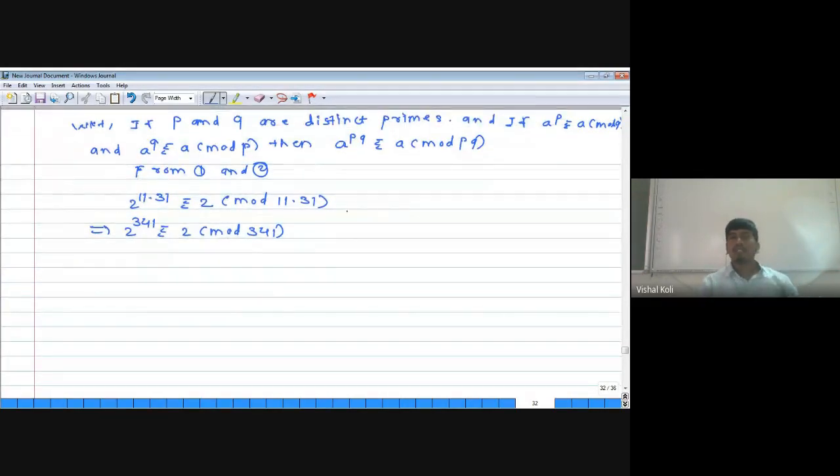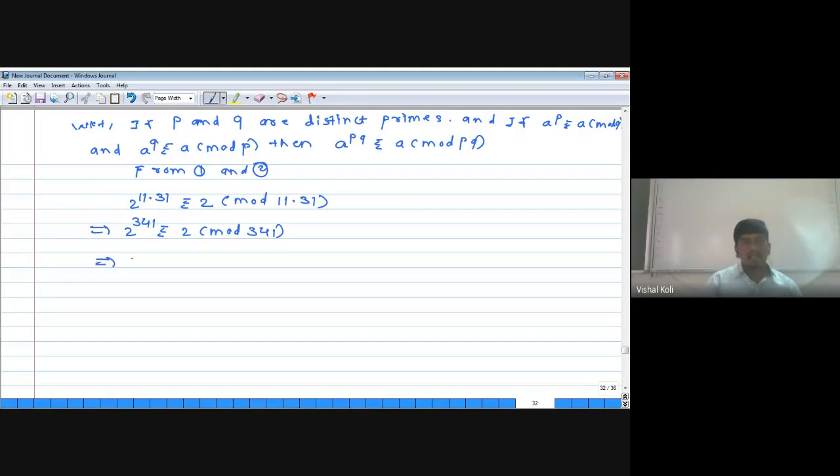Now, again we know one result. If a is congruent to b modulo n, then a upon d is congruent to b upon d modulo n. Or there is one more result: if AC is congruent to BC modulo n, then A is congruent to B modulo n upon GCD of C and n.